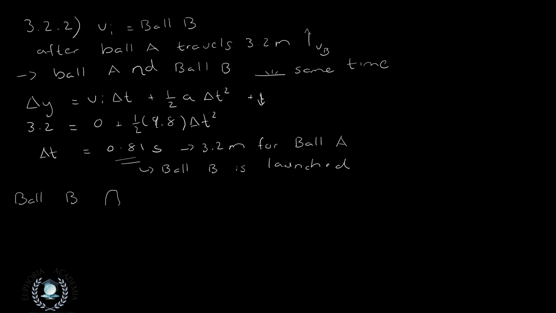But this is happening at the same time as ball A is falling. So we know that at t equal to 0.81 seconds, that's when ball B is launched, and at t equal to 1.76 seconds, ball B is on the ground as well as ball A.